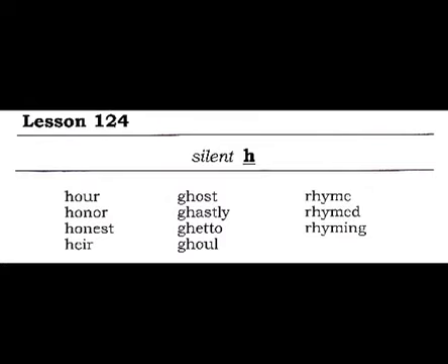Ghastly, G-H-A-S-T-L-Y. Rhyme, R-H-Y-M-E. That word rhyme, R-H-Y-M-E, is also spelled R-I-M-E. All of these different spelling forms pose spelling problems, but as I say, the more you write, the easier it becomes to spell these words.